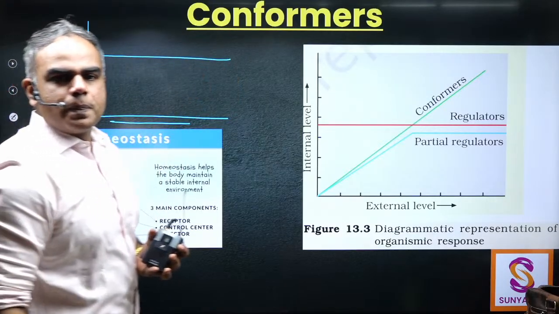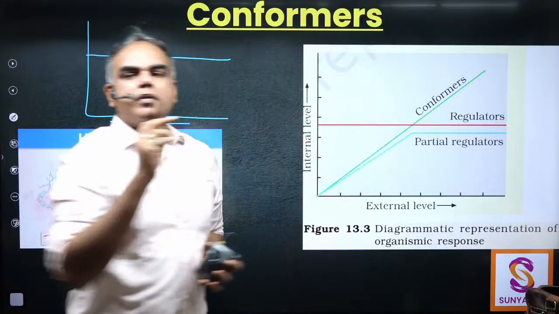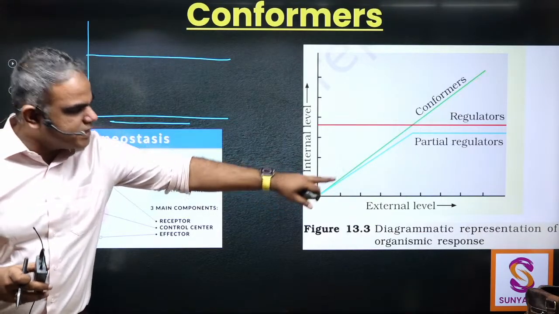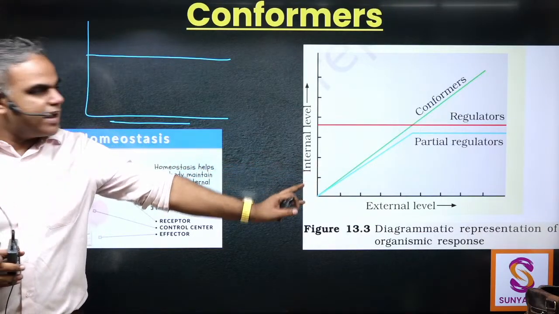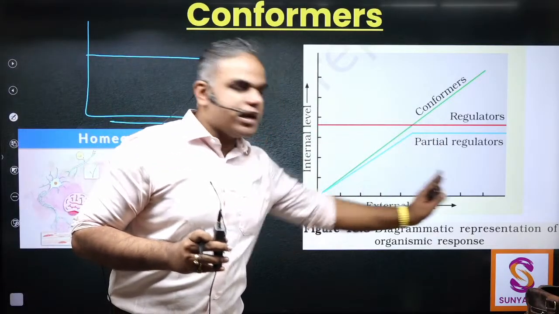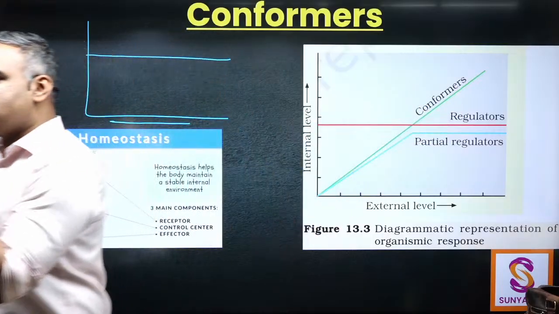Regulators, irrespective of changes in the external level, have no change in their internal environment. On the x-axis you have external level, on the y-axis internal level. Regulators are the easiest: anything that happens, they have no change in their internal environment.